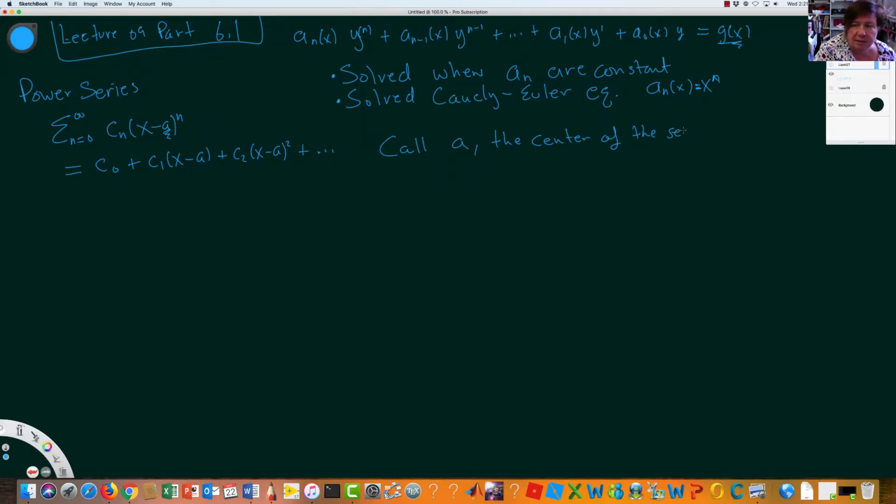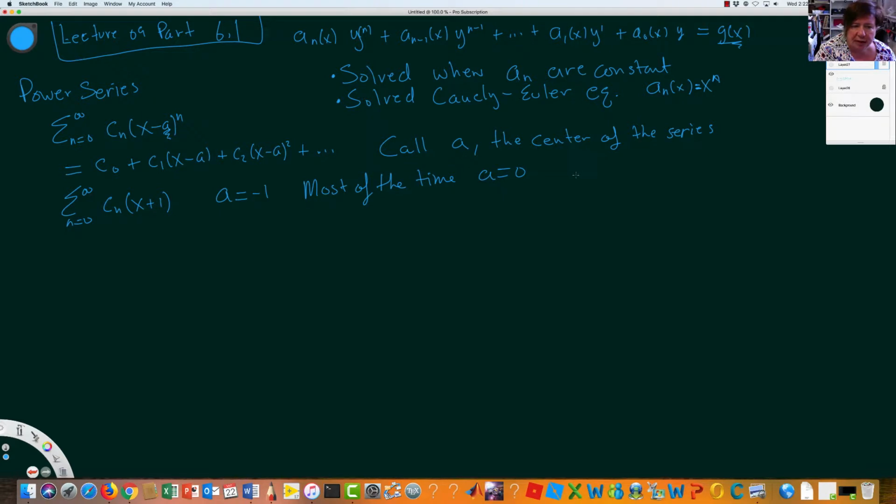Now you must have had stuff like this in calculus, so I might just be reminding you. If I had the sum over n equals 0 to infinity of c_n (x plus 1) to the n, then that has a center at a equals minus 1. Most of the time, we'll be dealing with the case where a equals 0.